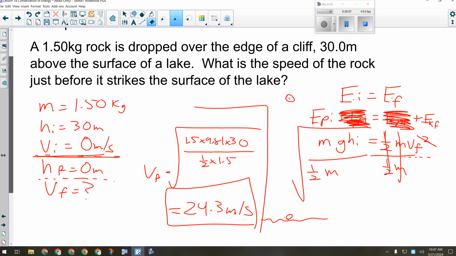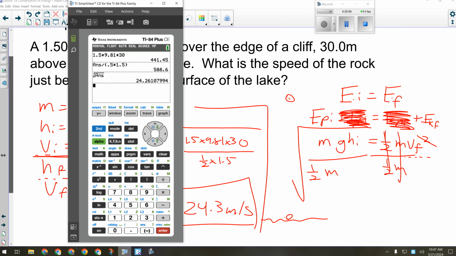Just to prove to you that I don't need the mass, I'm going to do this calculation with the mass canceled out. So it'll be 9.81 times 30 divided by 1/2, square root. Look at that.